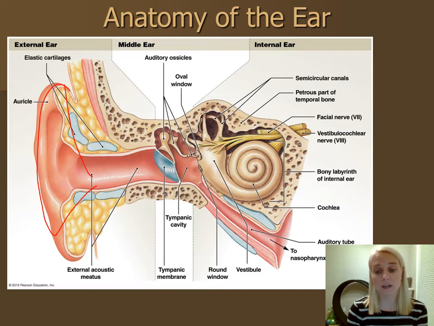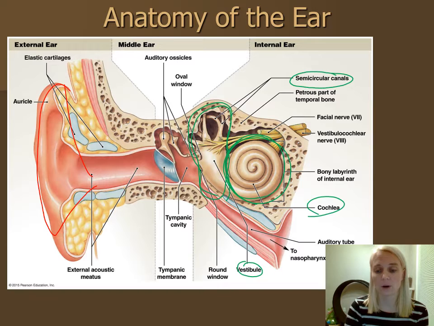And then the inner ear is where all of the structures for hearing and equilibrium take place. There are two bony structures here. This one, I'm outlining in green, is called the vestibular complex, which is made up of the vestibule and the semicircular canals. And then we have the cochlea, which is the snail shell part here.